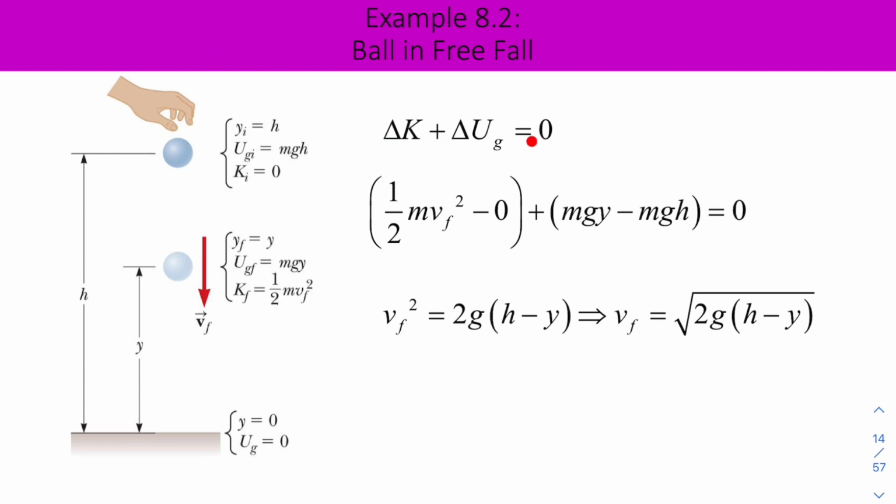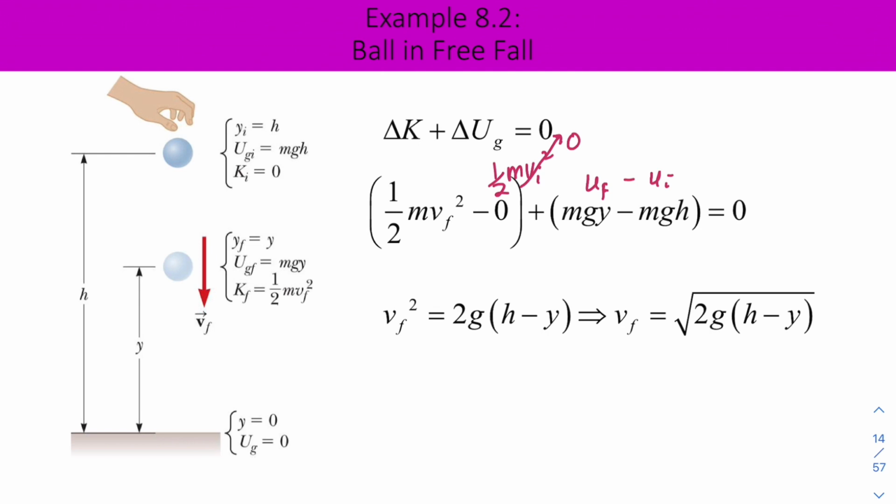So, okay, delta K plus delta UG is equivalent to 0. We have half mv final squared minus half mv initial squared, but V initial is 0. And then delta U must be U final, mgy, which is our y final, minus U initial, and U initial is mgh.